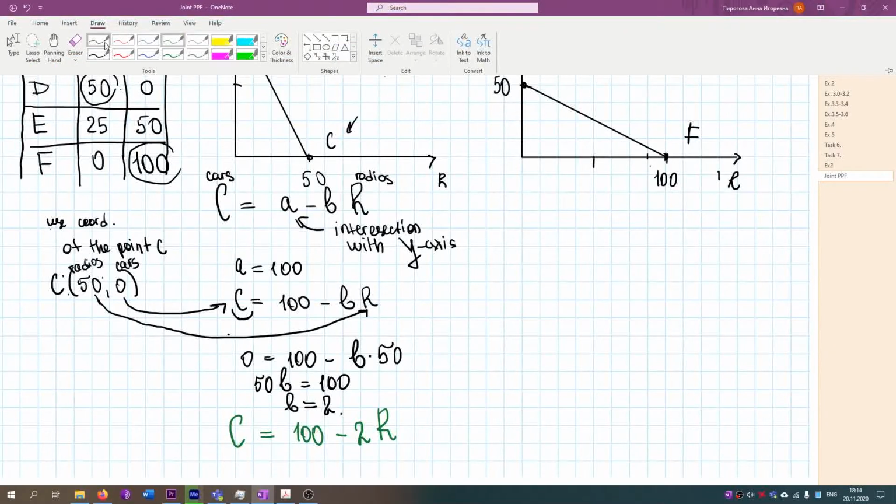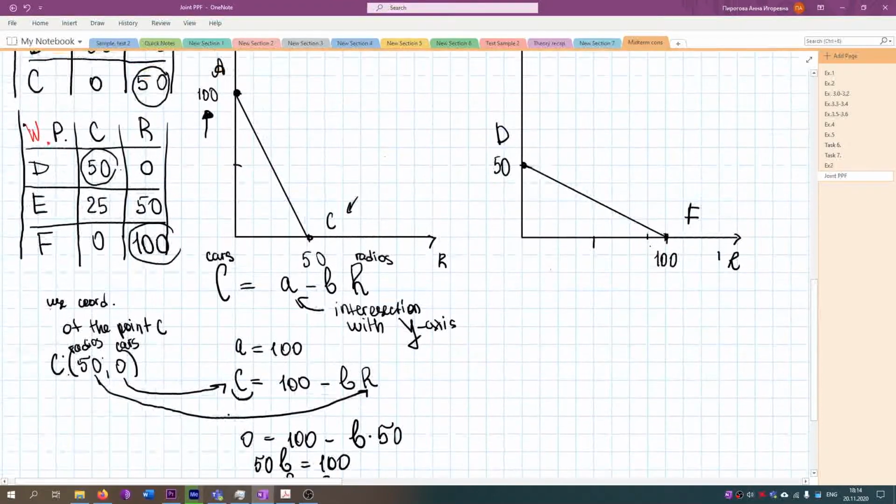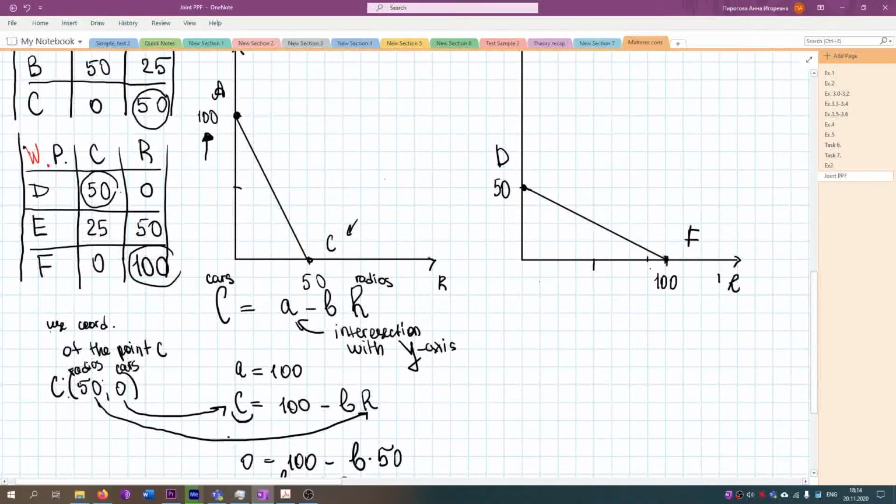So, and the second equation for the Western production I'll find using another method. So another method, so it was the first one, now it is the second method, and basically we have here just one formula which we need to use.